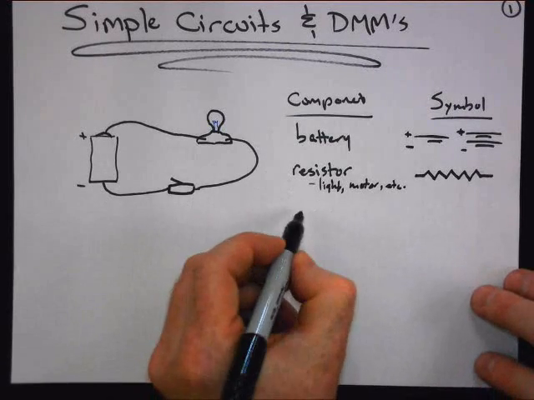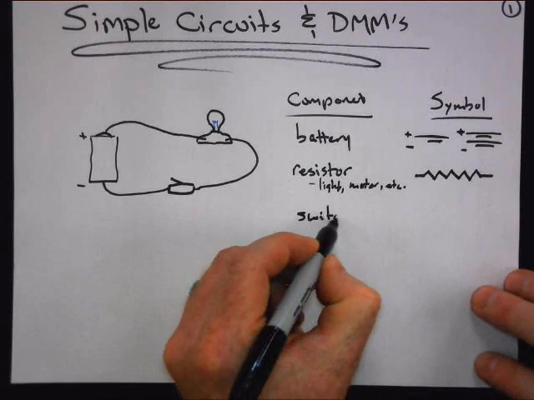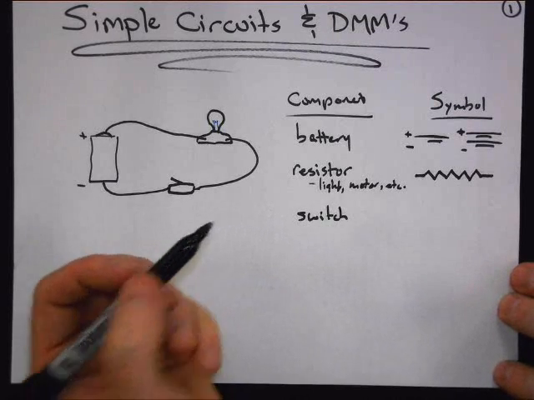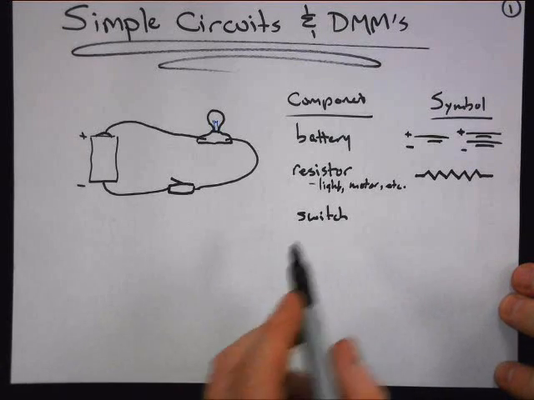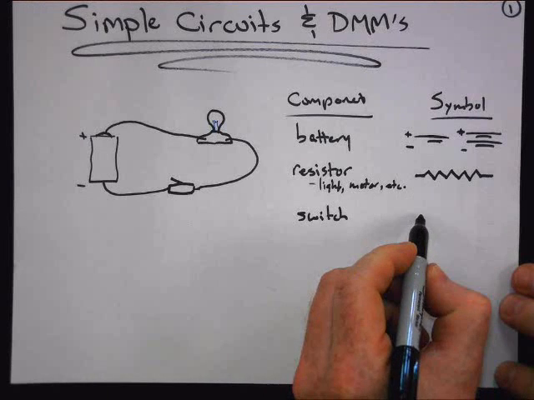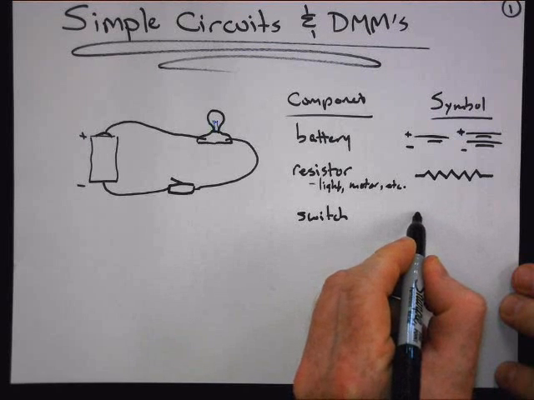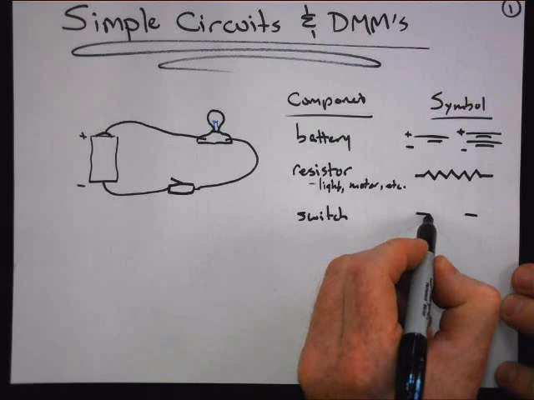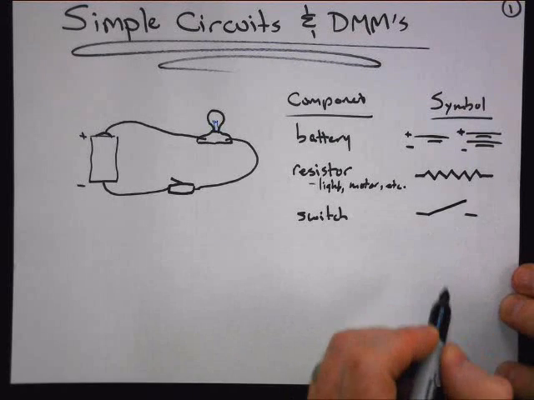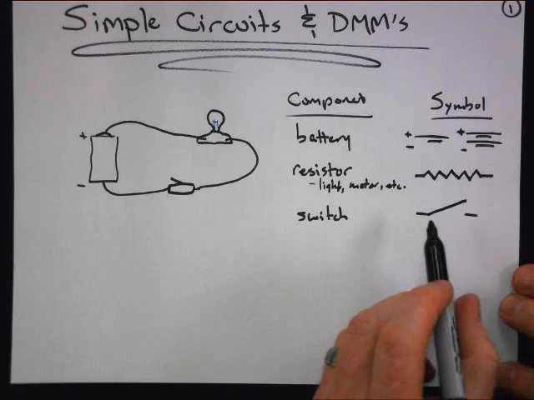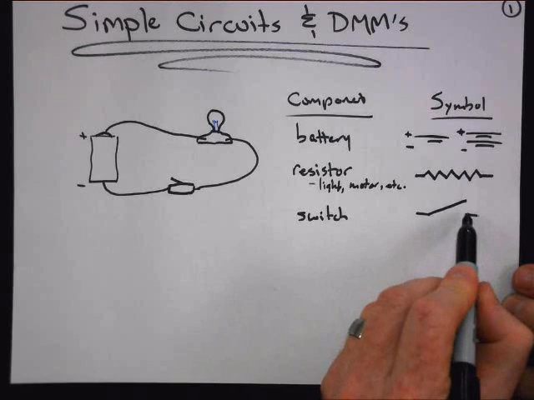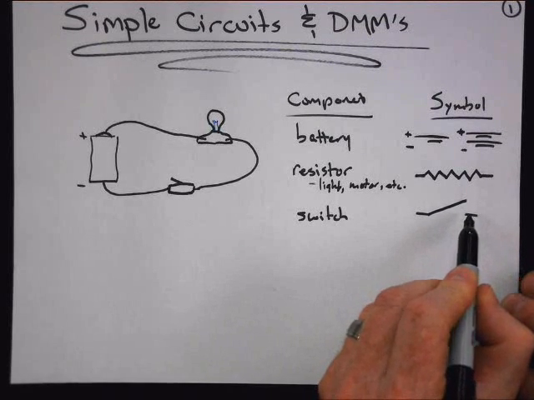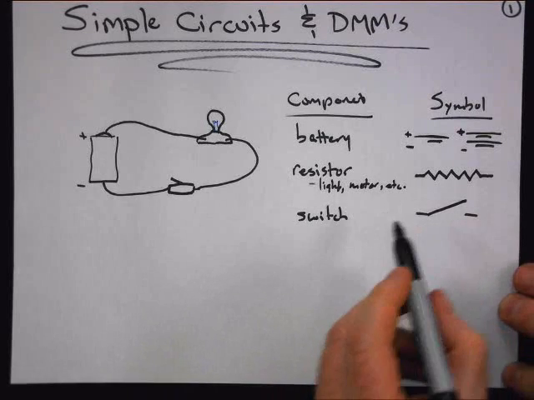What else do we have? We have a switch, right? Now, in the diagrams that I draw, and the ones I'm going to ask you to make, I'm not going to ask you to draw switches, really. Although it is really simple. You simply have a wire coming in, a wire going out, and all you do is that. That is a symbol for a switch, where the connection is broken right here, so the switch is in the off position when it's drawn like this.